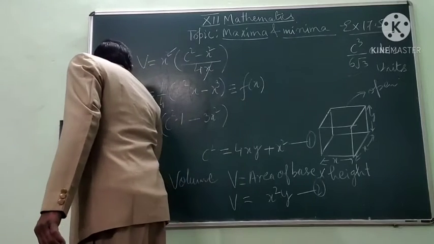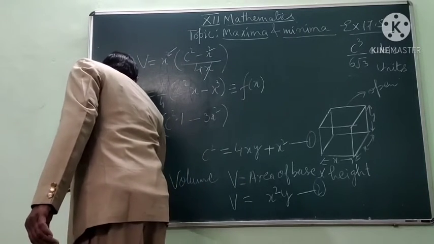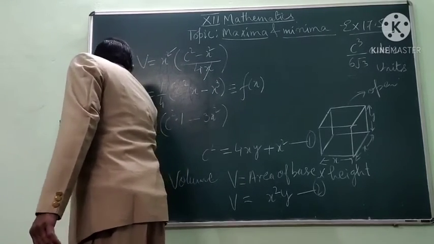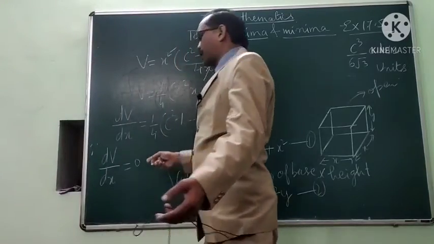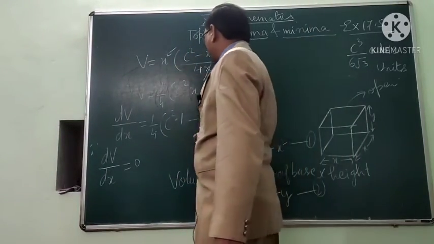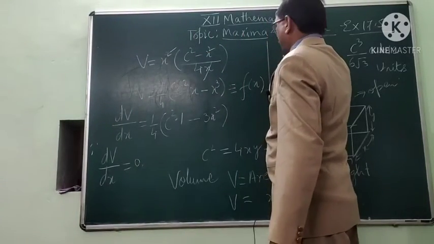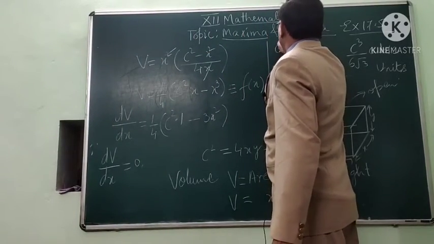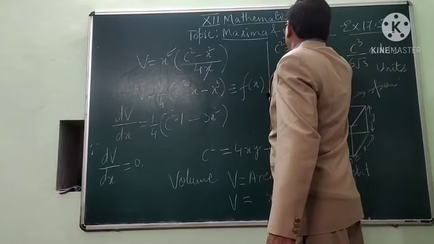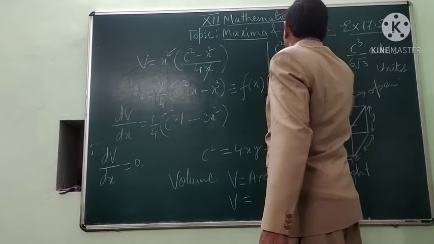Now dV over dx is 0. It is the condition for maxima and minima. From this we will get the value of x. It is c square equals 3x square, then x equals c upon root 3.